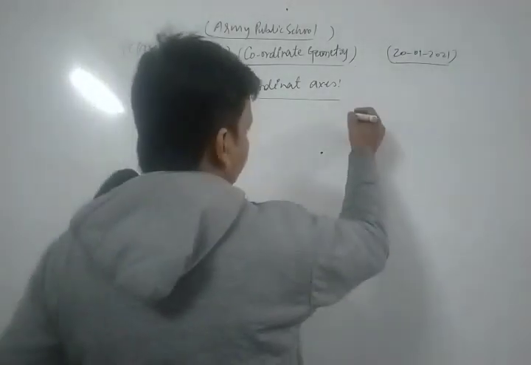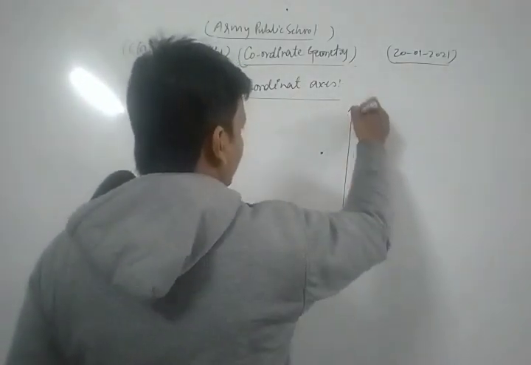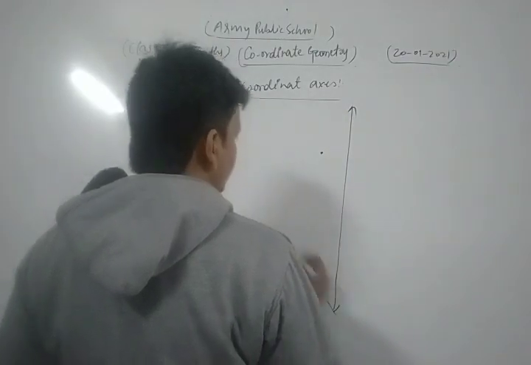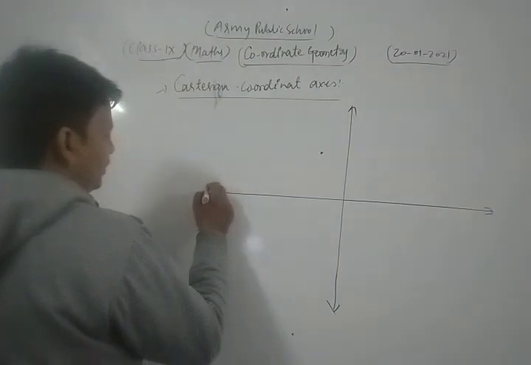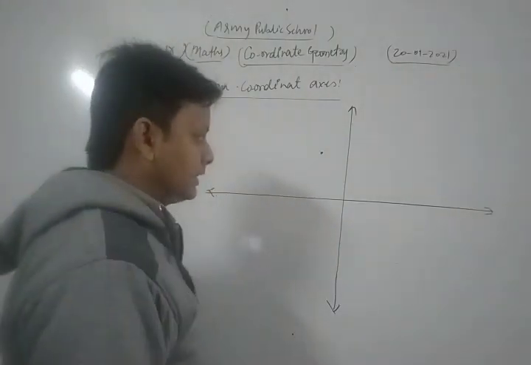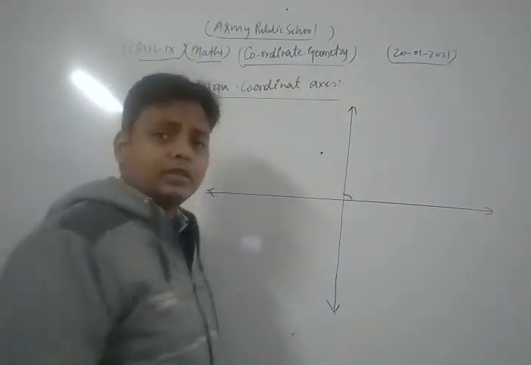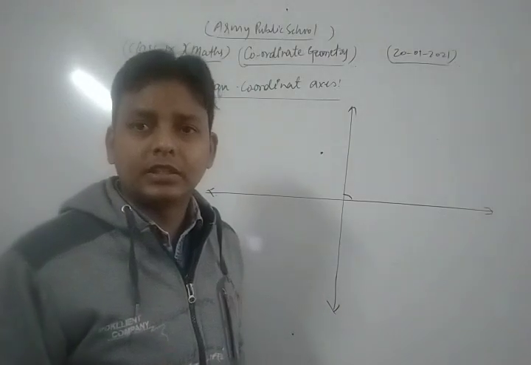First of all, dear friends, we draw two mutually perpendicular lines. Perpendicular means they intersect each other at a right angle.